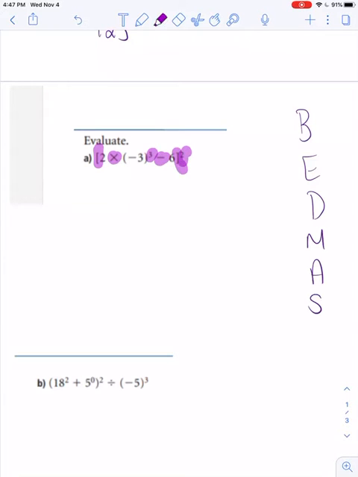So we're going to go in our bracket first. We are going to do negative 3 to the power of 3. When our exponent is an uneven number, our negative will stay there. So that would give us negative 27. We're going to write the rest of our equation.